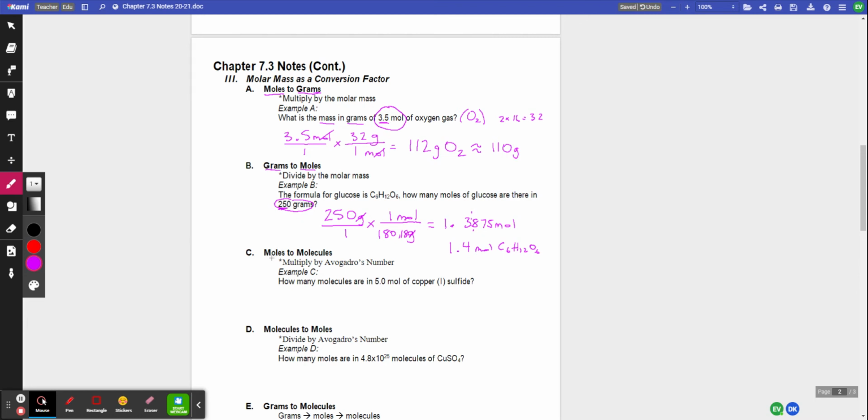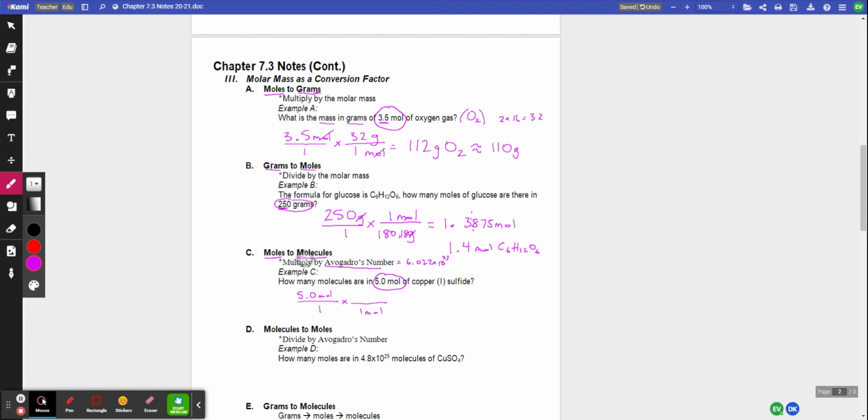For C, we're going to start with moles, but now we're going to change it to molecules. And the number of molecules in 1 mole, remember, is Avogadro's number, which is 6.022 times 10 to the 23rd power. That's how many molecules equals 1 mole. Start with the given, which is 5.0 moles over 1. And we're going to want moles on the bottom of our conversion factor.